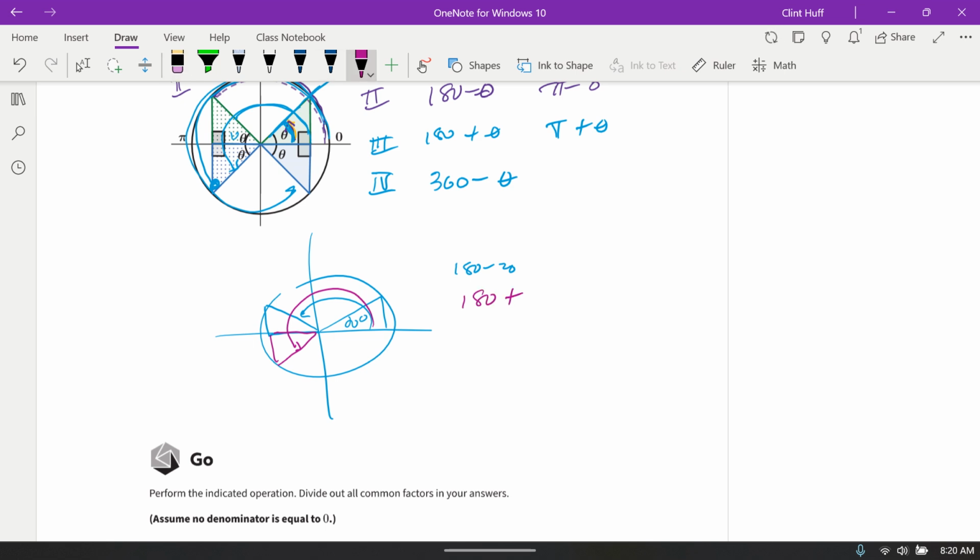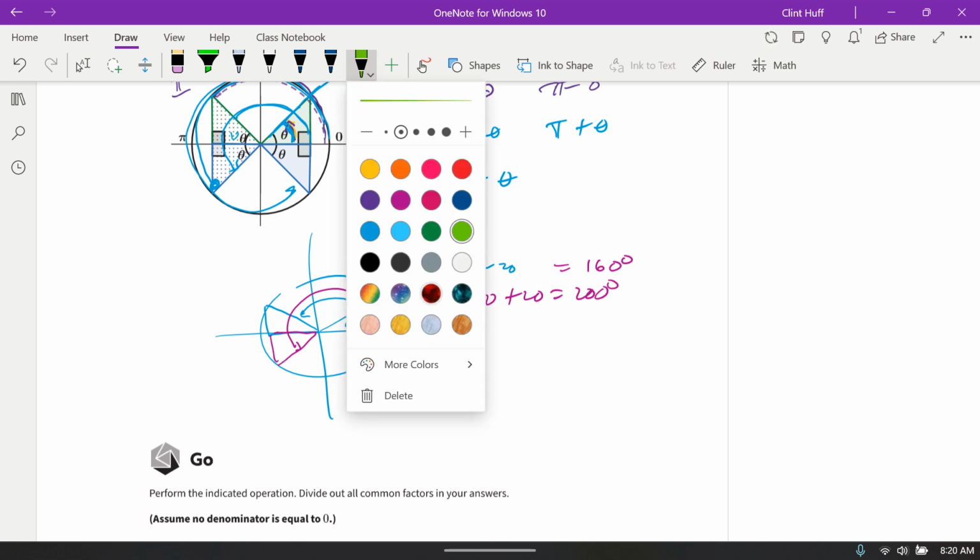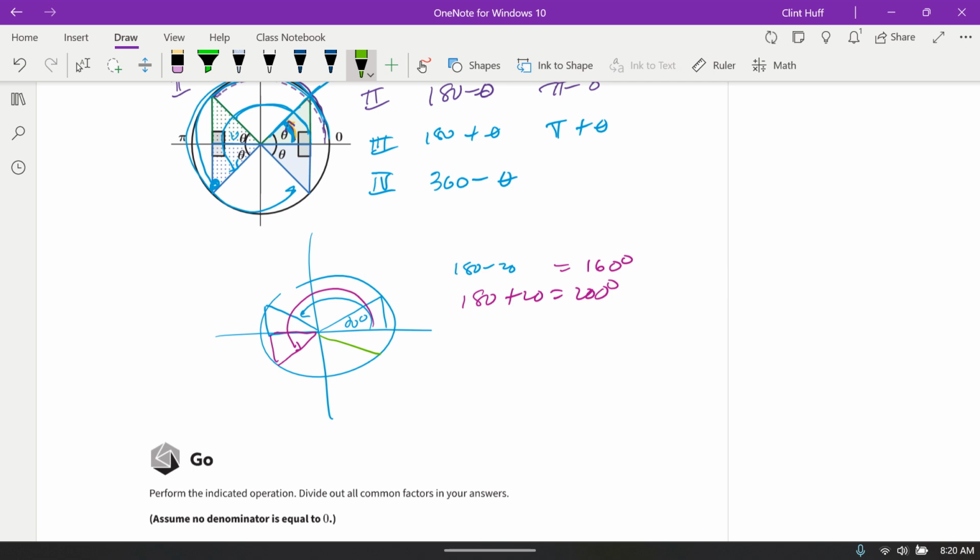plus 20. Bear with me with my writing. That's going to be 200 degrees. This is 160. And if we then reflect that red triangle over to this position, then the angle of rotation all the way to here is going to be 360 minus the 20, or 340.